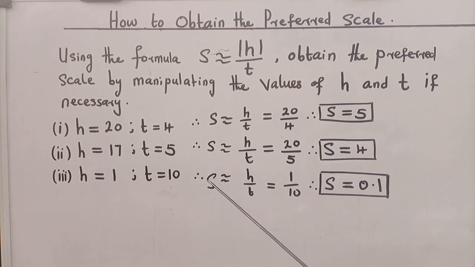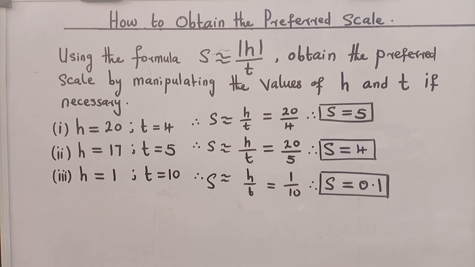Now we have it that the scale, as before, is equal to H over T. The H is equal to 1, and T is equal to 10. So 1 over 10 is equal to 0.1. Therefore, scale is equal to 0.1.